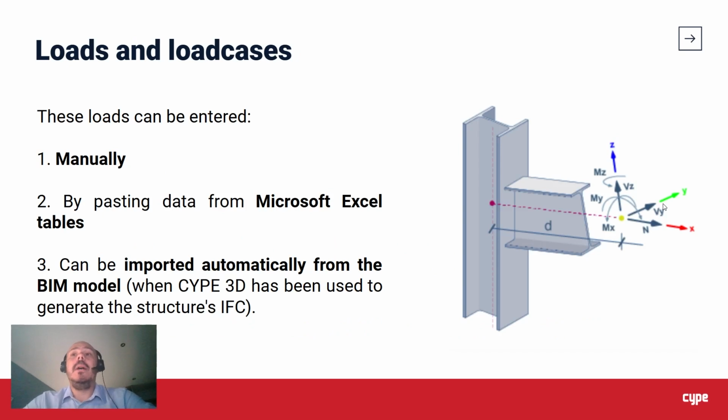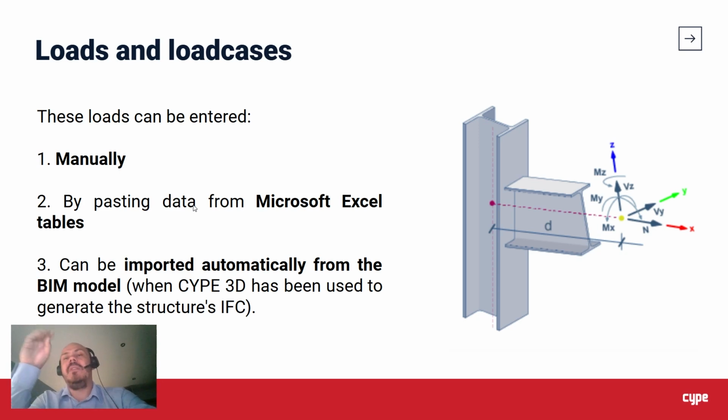Okay. As I said before, the introduction of loads and load cases in these nodes to then design the connections could be manual. It means if my IFC model doesn't have this information, there is no problem. You can introduce this information in each node and then analyze the structure. There are some options that you can paste from Microsoft Excel tables.